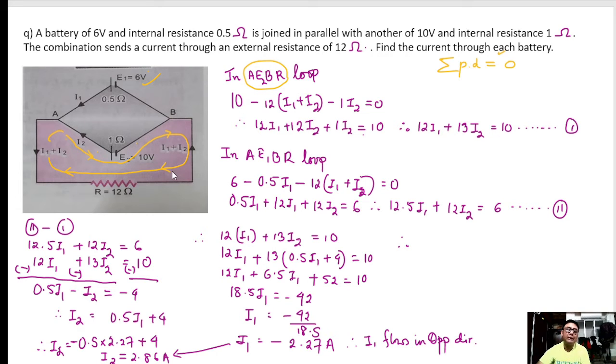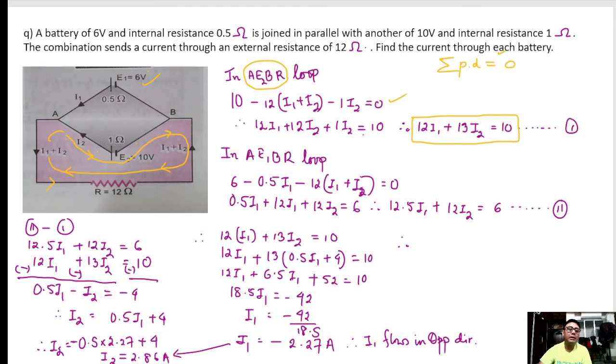Now we are passing over the resistance in the direction opposite to the current. Current is coming like this, we are moving like this, opposite. So minus 12 (I1 plus I2), since that current is going over it, and then we are also passing through the internal resistance of 1 ohm, which is against the current direction, so minus I2 equals 0. So from there we create this relation.